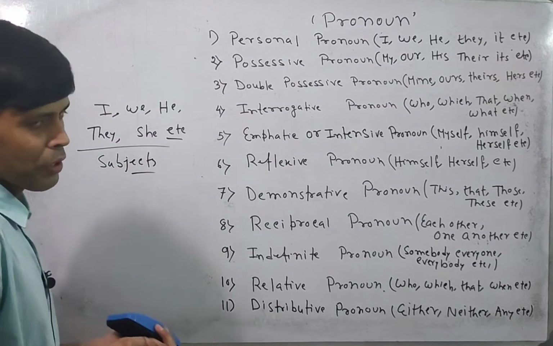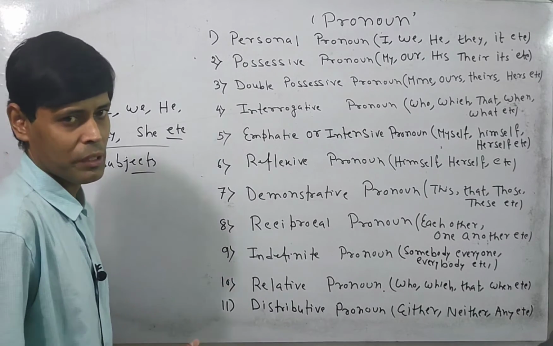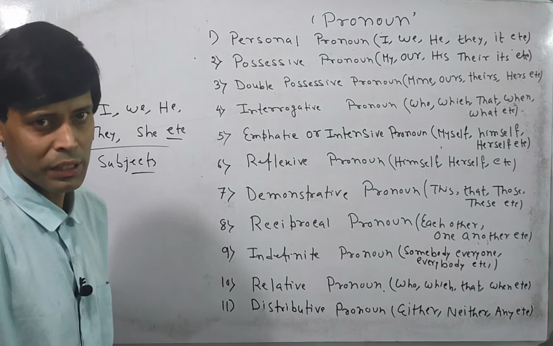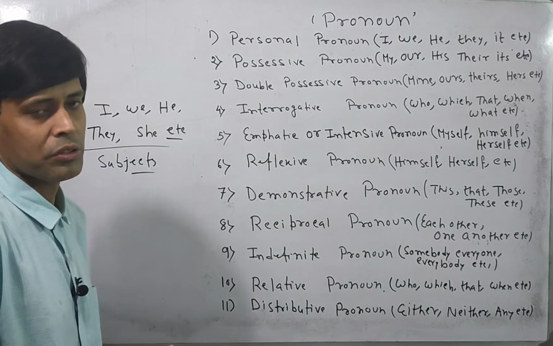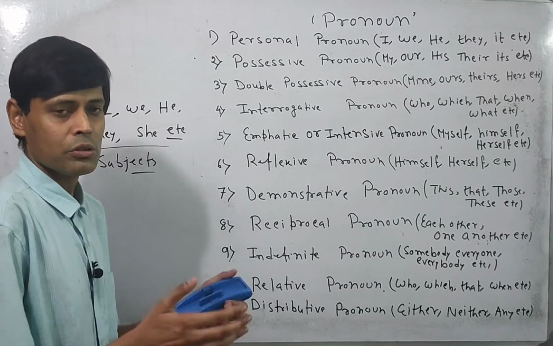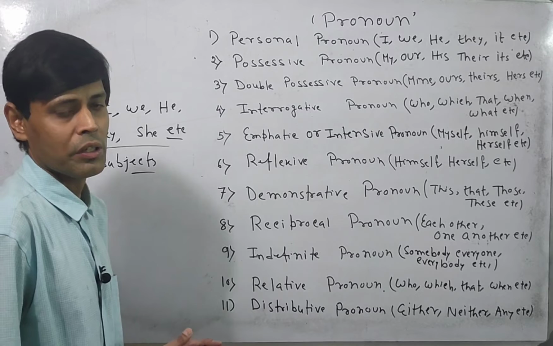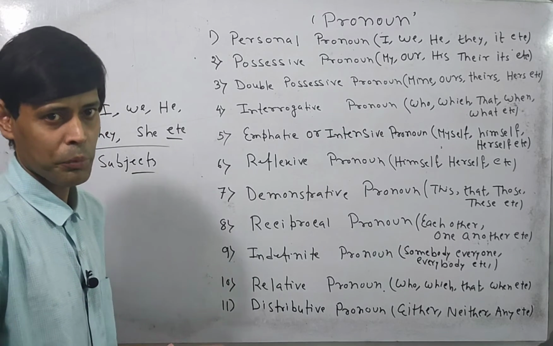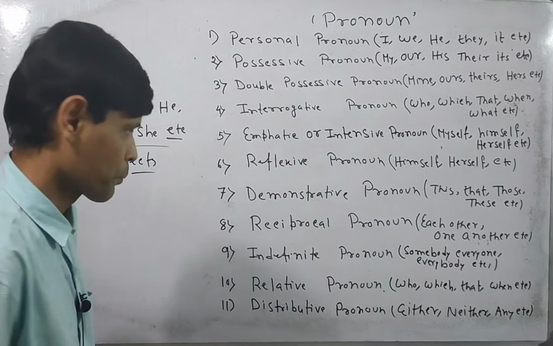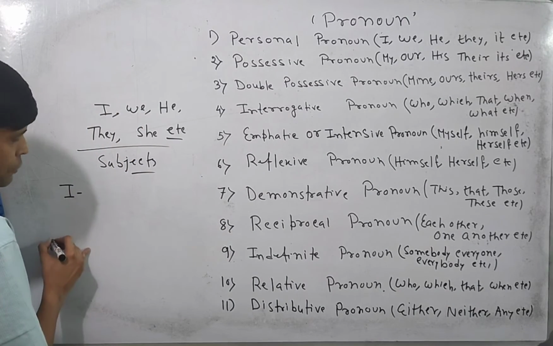Now personal pronoun has four basic forms. First as subjective pronoun, second as objective, third as possessive. Even in many cases it is also called the double possessive. So personal pronouns have four categories: subjective pronoun, objective pronoun, possessive pronoun and double possessive pronoun. If I look at this, I, it is the subject.